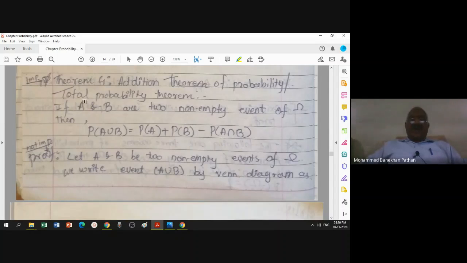They have some common element. And that is why this intersection part comes in the statement. This statement is labeled as total probability theorem. It is also known as addition theorem on probability. We will try to see the mathematical proof of this statement and then we'll proceed ahead.